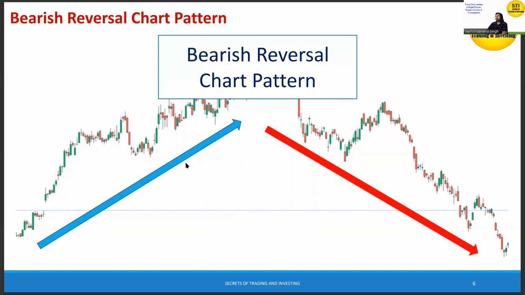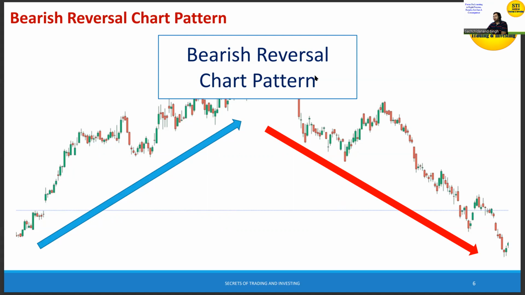Just by looking at the chart, on the left-hand side you can see it is going in an upward direction, and there is some indication, which we are going to learn, and based on that we should be able to know that there might be a potential reversal, and this area is the right time to sell your stock, or do the short selling and be ready to buy in the future.